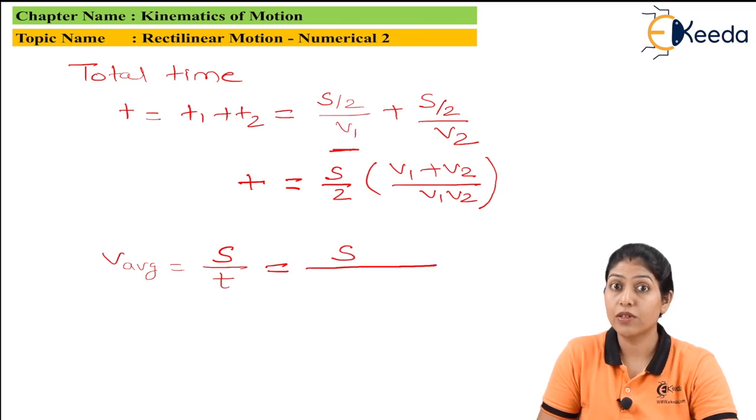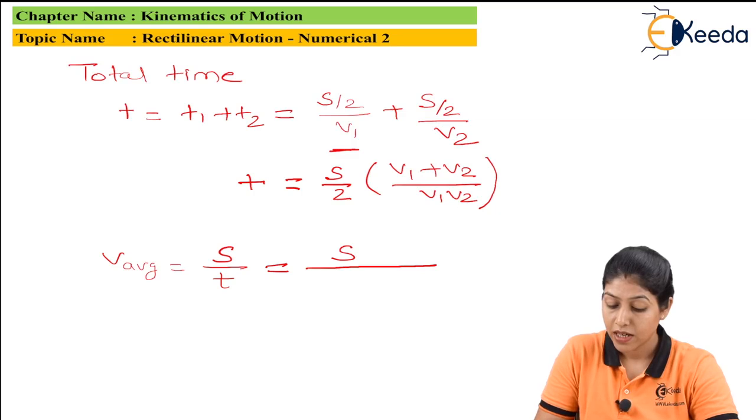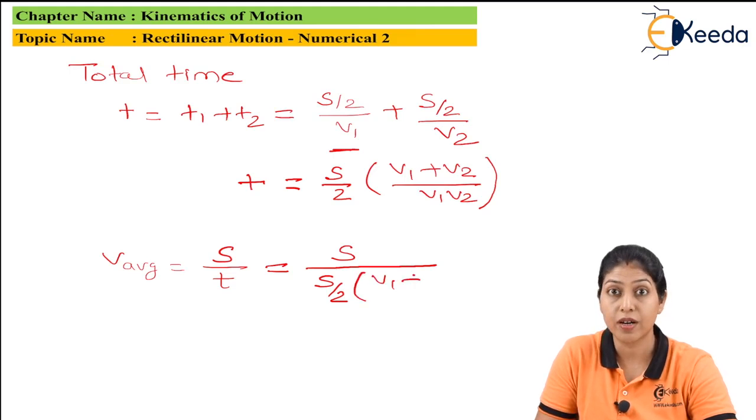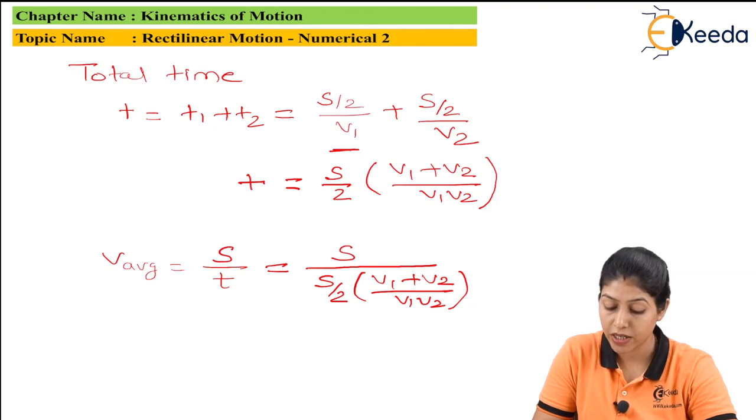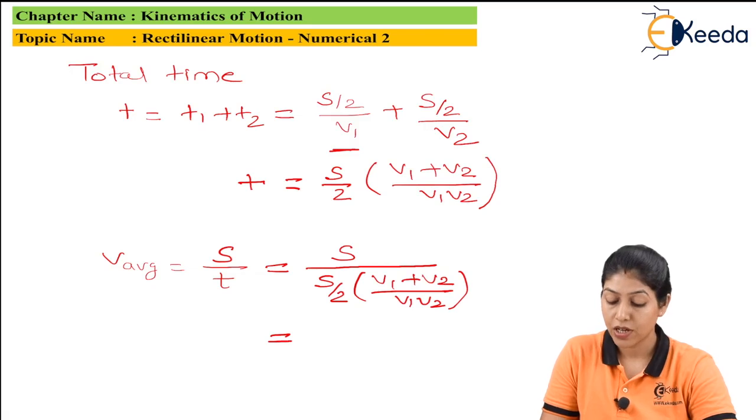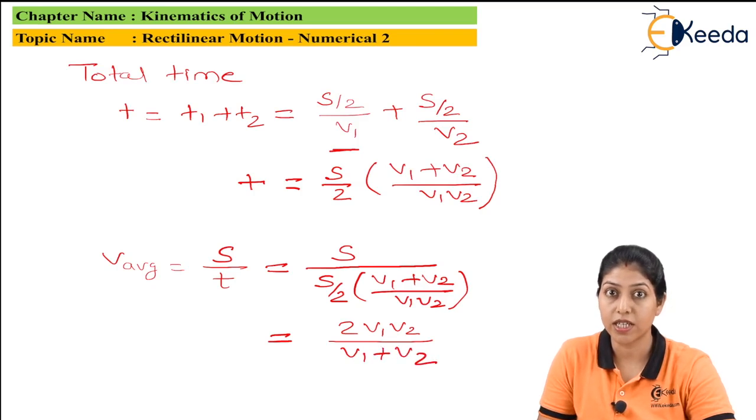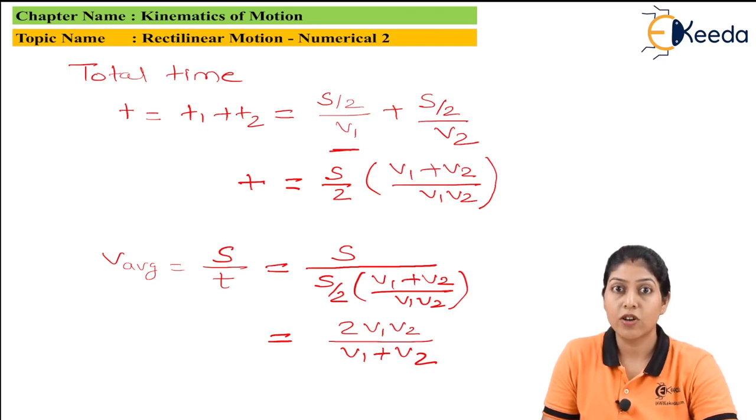We don't have the value of S, but we have T in terms of S. So S stays as it is, and T goes in the denominator. As per this, the average velocity will be 2 V1 V2 by V1 plus V2.